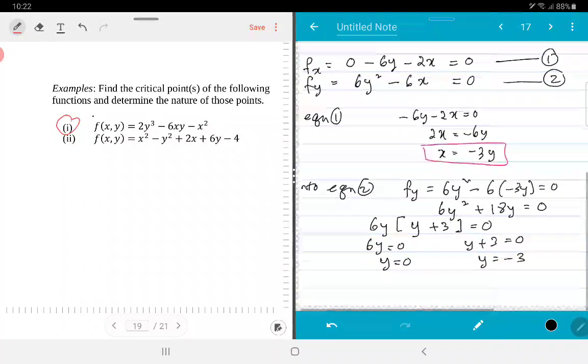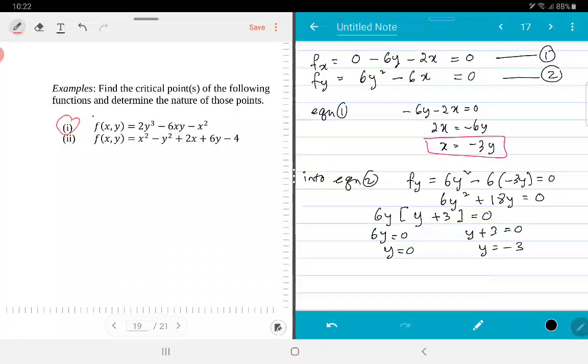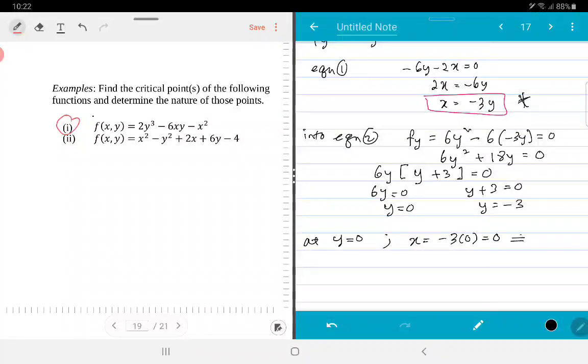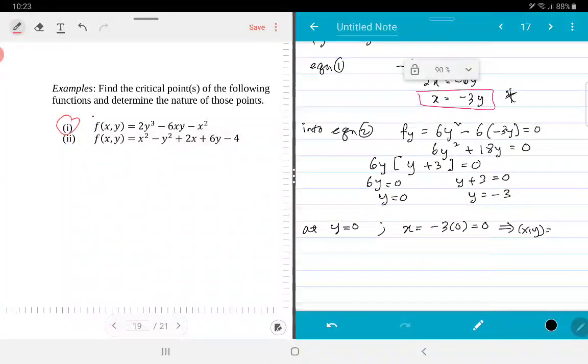So we have two values of y, meaning that from there we can get the value of x. At y equals 0, we use the equation from equation 1: x is negative 3 times 0, which is 0. So the critical point is x 0, y 0. Now let's get another critical point when y is negative 3.